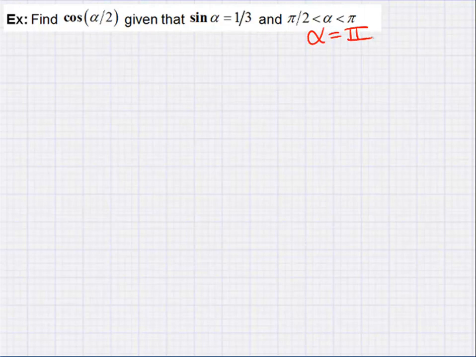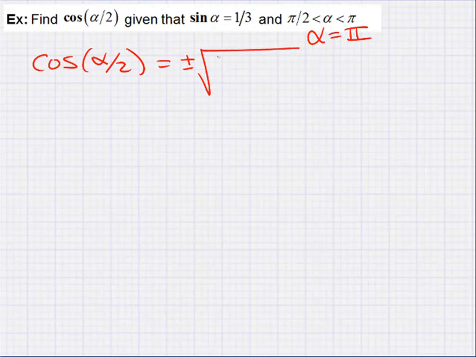Because quadrant 2 is between pi halves and pi, 90 and 180. The cosine of alpha over 2 is equal to plus or minus the square root of 1 plus cosine of alpha all over 2.